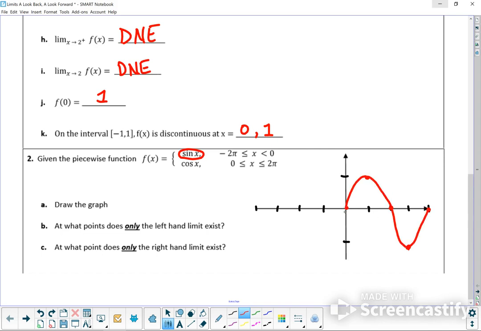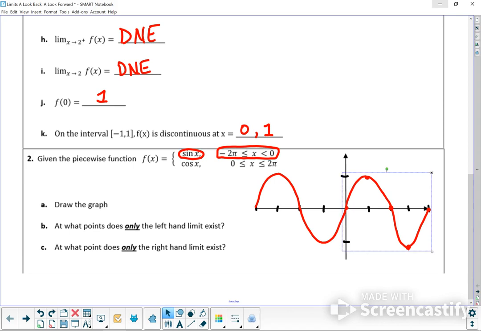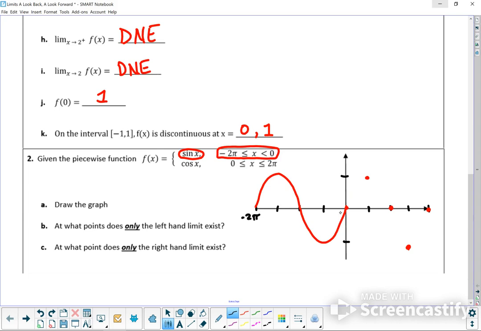The same thing over here, so it's going to go bottom, middle, top. But in this case, it's only good between -2 pi and 0, which means that I don't need any of this other side over here.